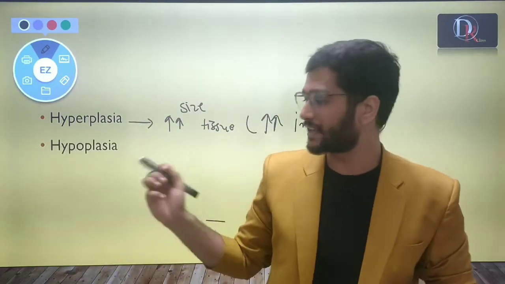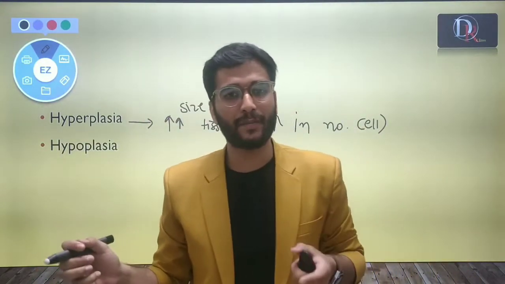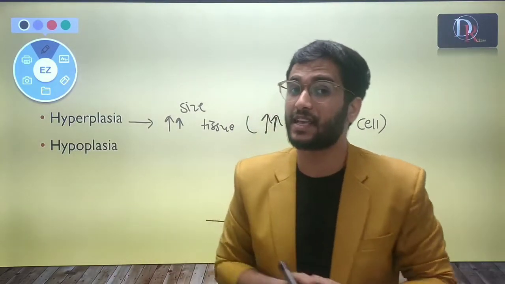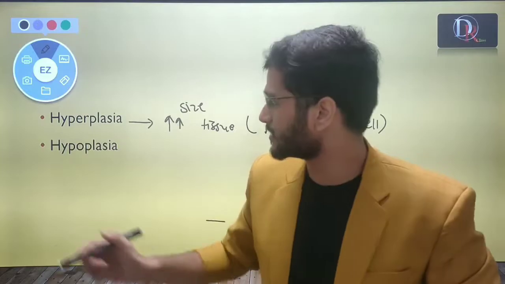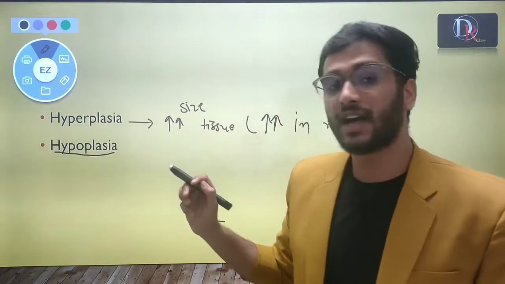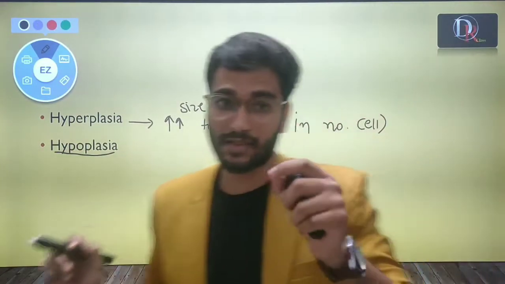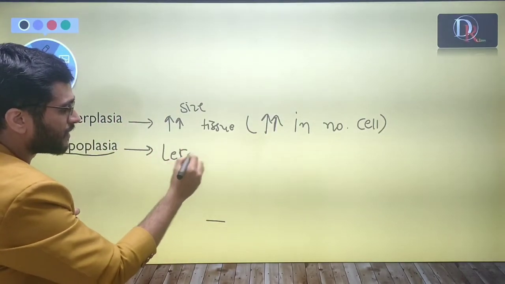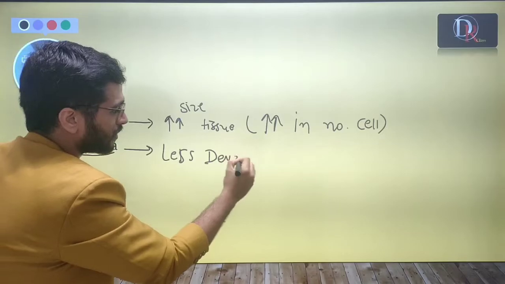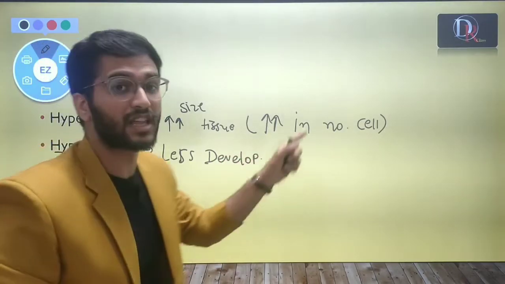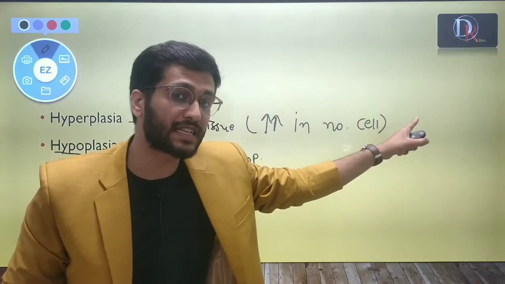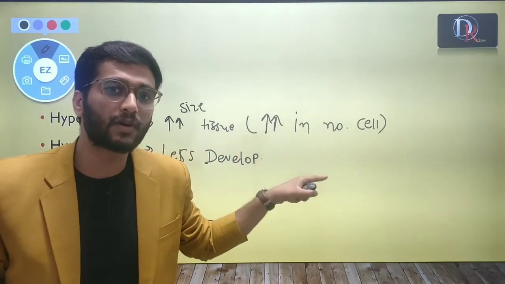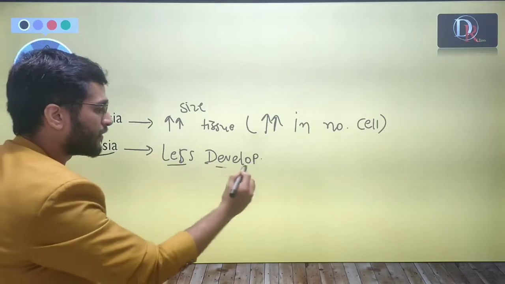So let's next see hypoplasia. Hypoplasia is a condition similar to atrophy and dystrophy, but it is less developed tissue due to a lack in the number of cells. In atrophy there was no change in the number of cells, but here there is less development due to fewer cells.